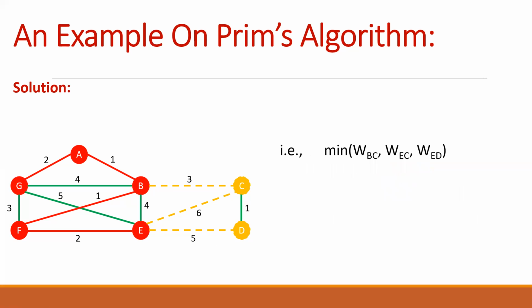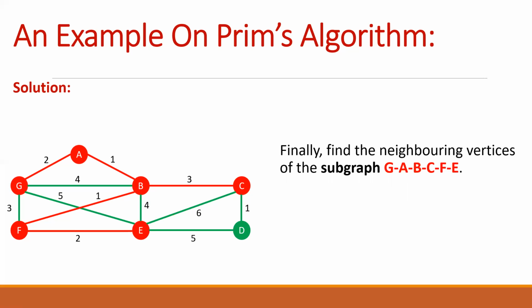So we find the weight of B to C, E to C and E to D. So this is total 3, 6 and 5, and out of these 3 is the minimum value which is corresponding to the edge BC. Means the next vertex that is to be connected is the vertex C and it can be connected through the edge BC. So connect BC also. Now the graph is extended to GABCFE.